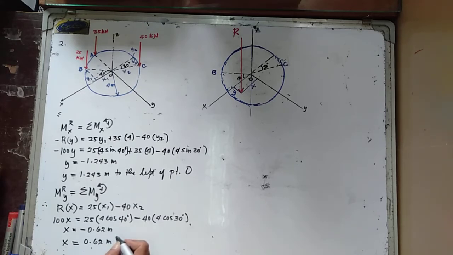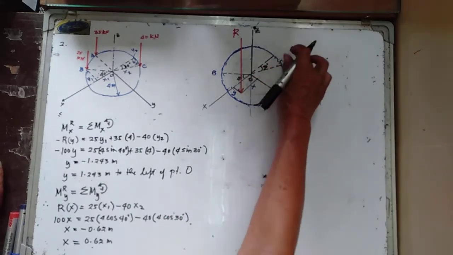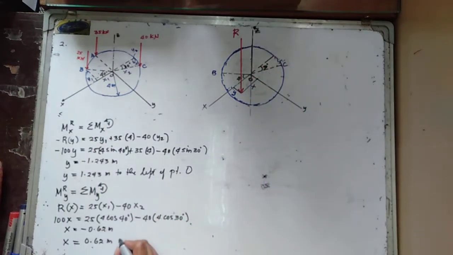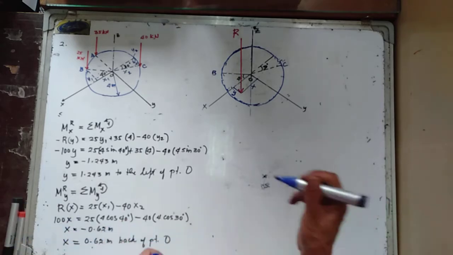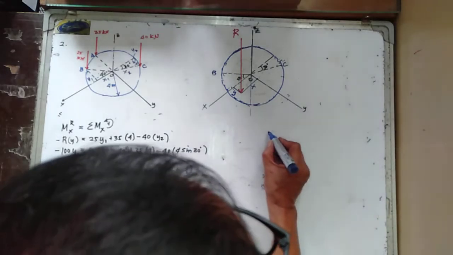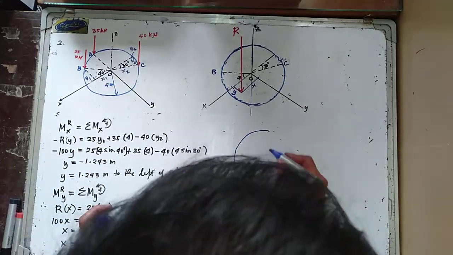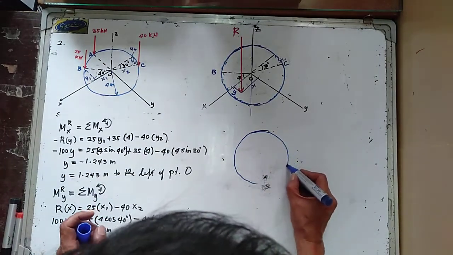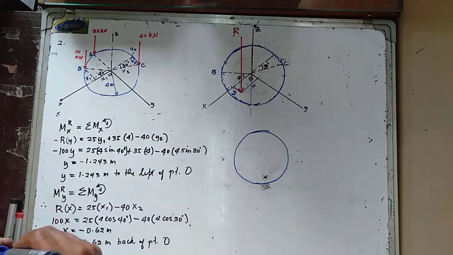It is back of O. 0.62 meters back of point O. Now, if you try to take a look at this point, I'm going to draw the circular plane. This is now the circular plane.